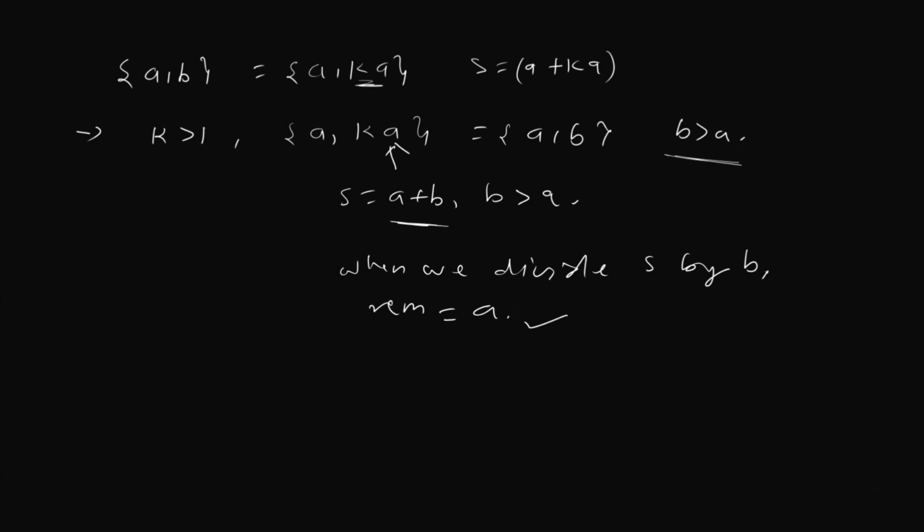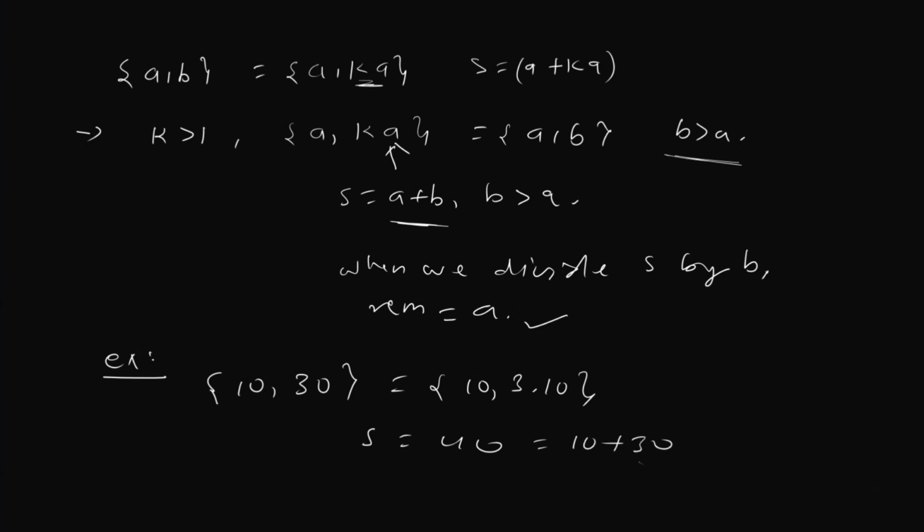I think if we try to keep the value greater than 1, we didn't find it, as it is not divisible by the second element, the larger element. So we can also have an example of this. Let's suppose 10 and 3 into 10, which is 10 comma 30. The sum we are going to get is 40, which is 10 plus 30.